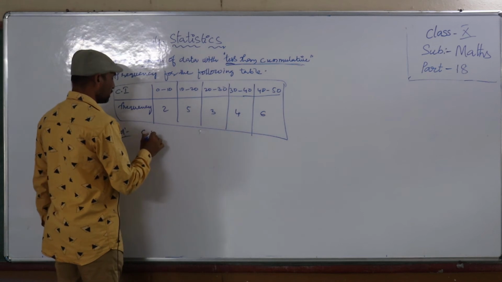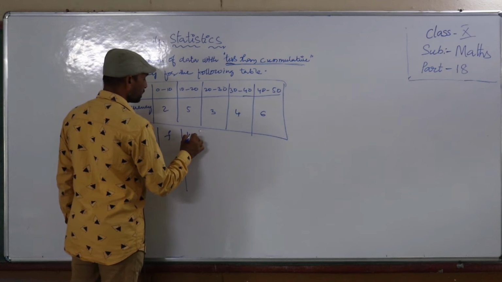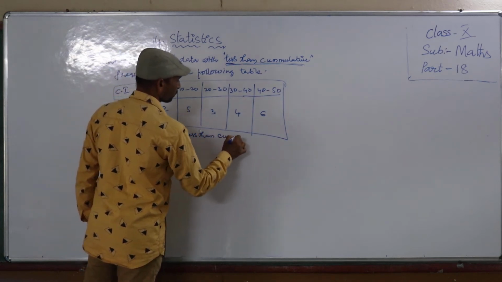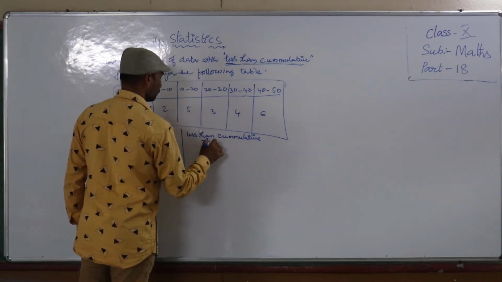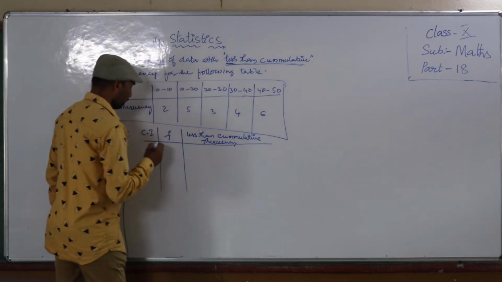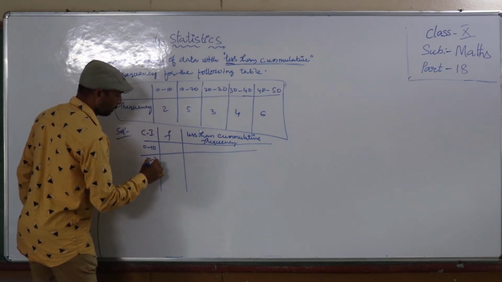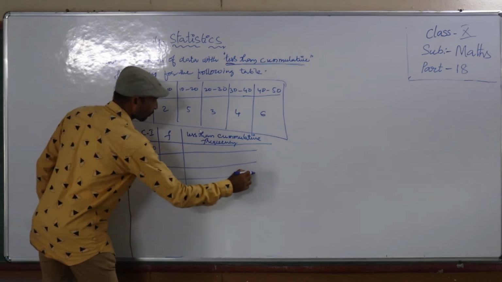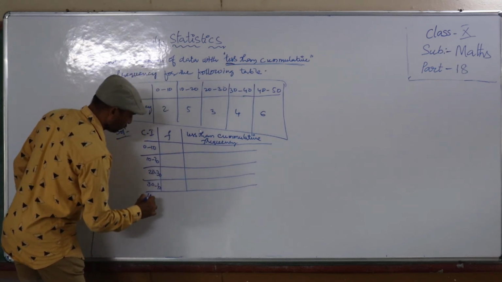So we write the class interval, frequency, and less than cumulative frequency: 0 to 10, 10 to 20, 20 to 30, 30 to 40, then 40 to 50.